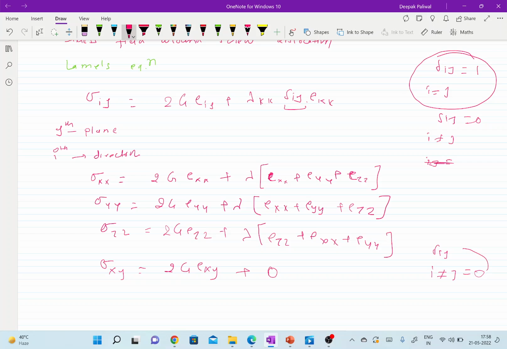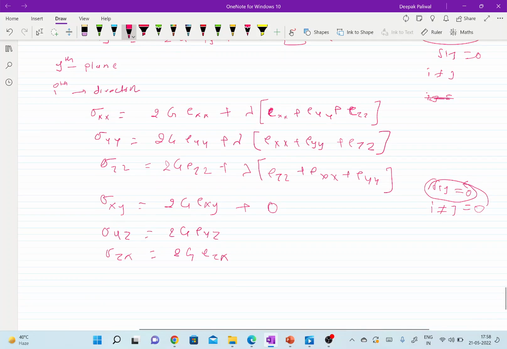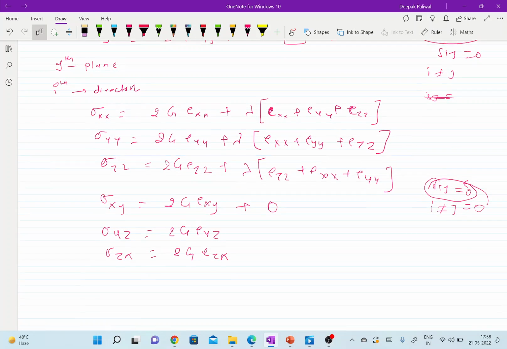Similarly sigma yz is 2g eyz, and sigma zx is 2g ezx. This is very important.